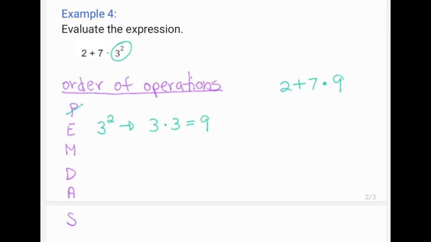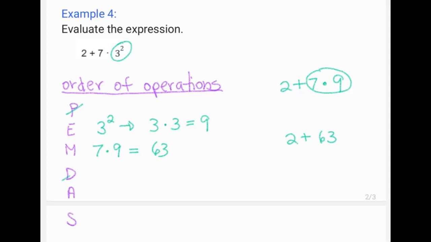I see there is a multiplication, and the multiplication is 7 times 9. So 7 times 9 is equal to 63. So now we're going to go ahead and rewrite the problem as 2 plus 63. The next order of operations says division.